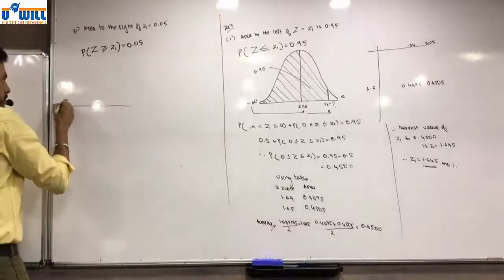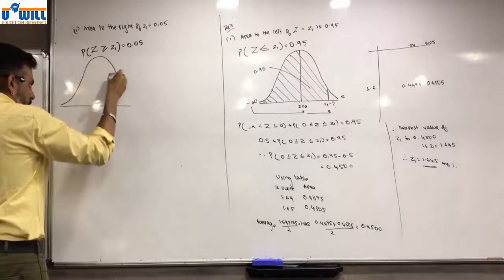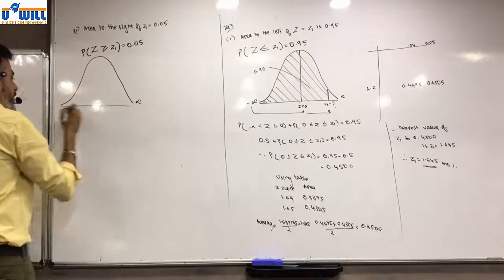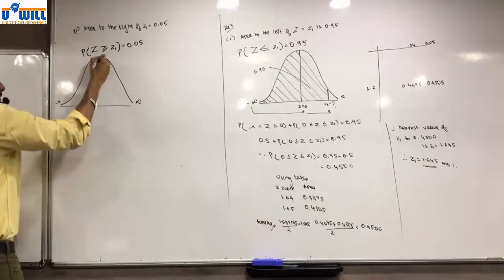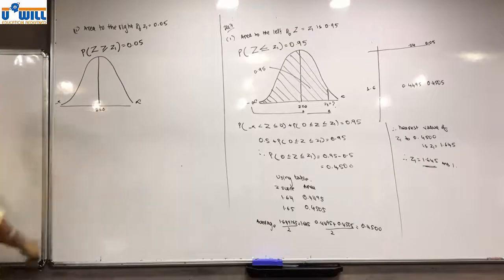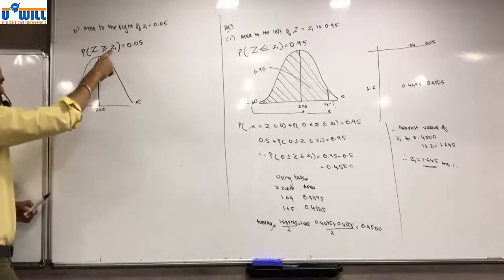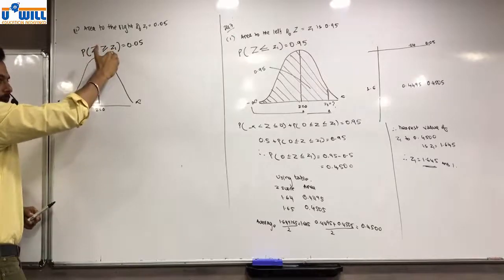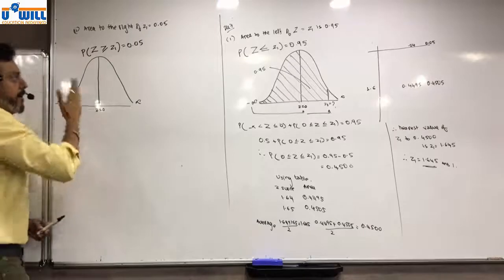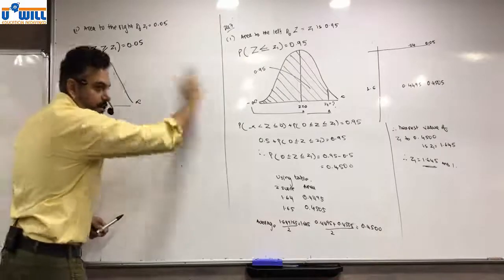So, minus infinity to infinity, z is equal to 0. Now z1, you want to place z1 in such a way that it covers 5% of the area and it also moves towards the right.